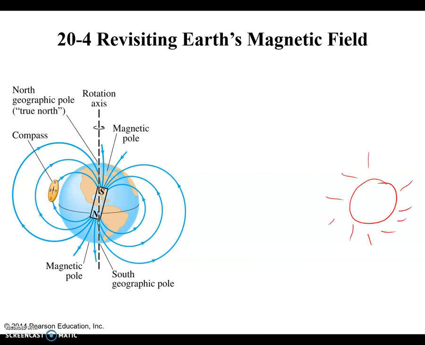Here's the sun. Not the greatest sun in the world, but hey, it works. Every once in a while, the sun will spew a lot of high energy particles. And these high energy particles, if they were to come to the surface of the Earth, would harm life and possibly even destroy all life on Earth. However, the rotation of the Earth's molten core creates a magnetic field around the Earth.